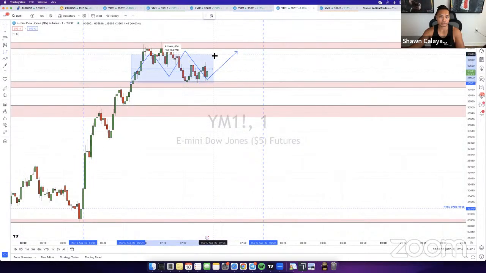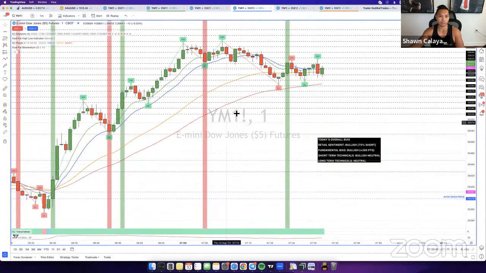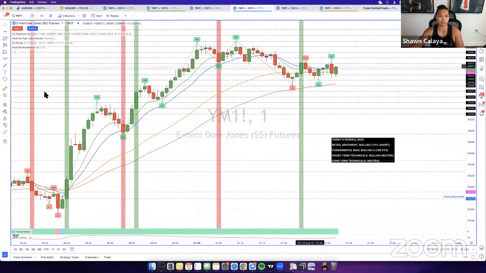So it's been bouncing around this area for about 40 minutes now. We would have never thought that unless you guys saw my clean chart. That's why I like having separate charts here so that you guys have an idea of where market structure is moving. Because if you just look at a regular chart like this, you don't really see price going sideways. You see price going up. And then from here, you see price going down, right?